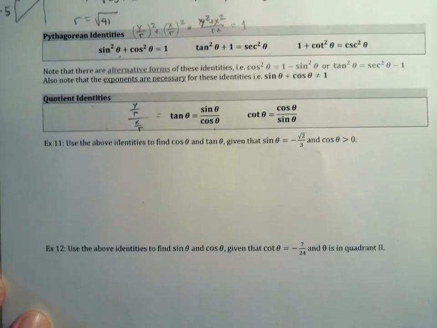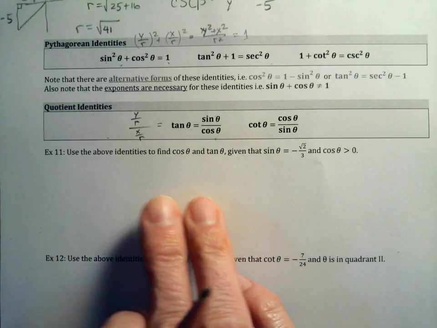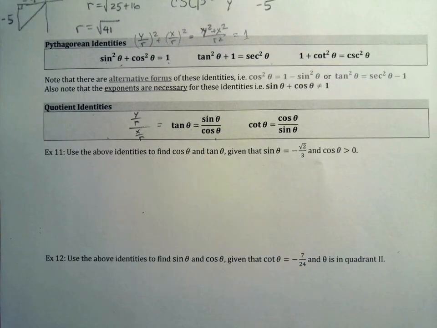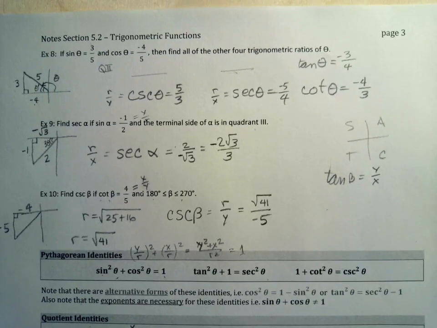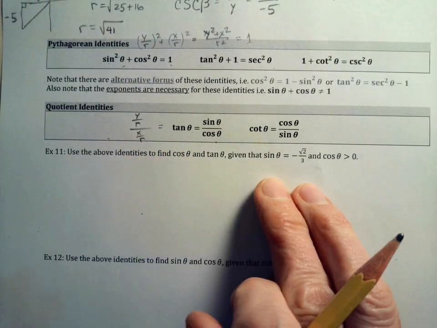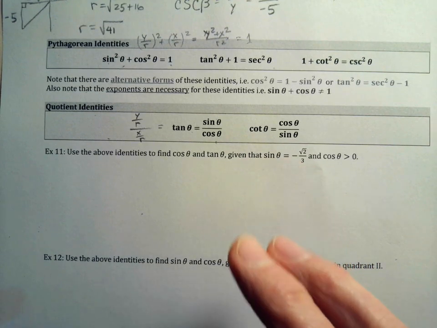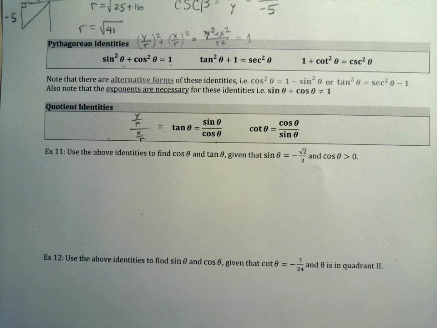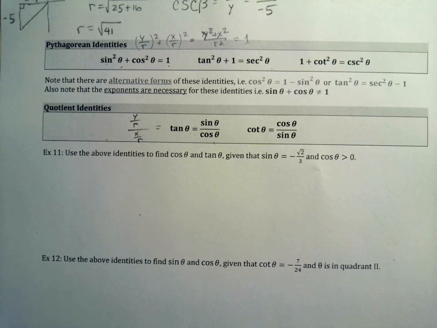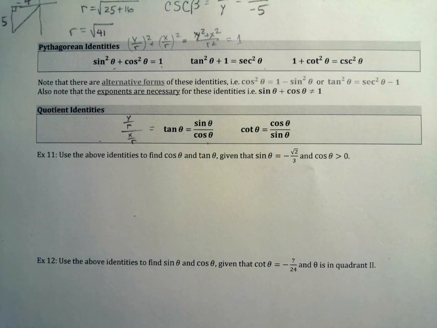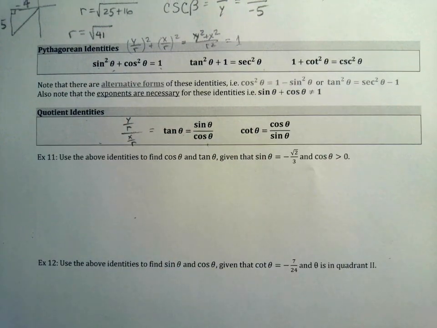All right, let's use our identities. Now, example 11 is a lot like examples 8, 9, and 10 up above. So if you were asked to do this, it would be so much easier to do this one using the same approach. What quadrant are we in? And let's draw a right triangle. But here they're asking us to do it using just our identities that we know.